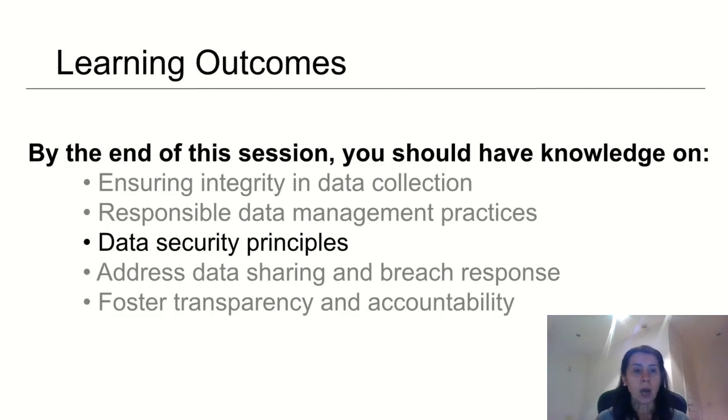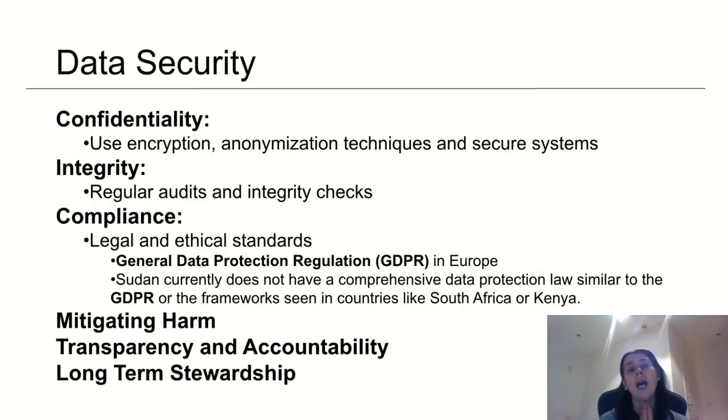We go now to some principles of data security. As I mentioned now, some of these aspects have been mentioned already during this lecture, but I want to be sure that you get them with you.